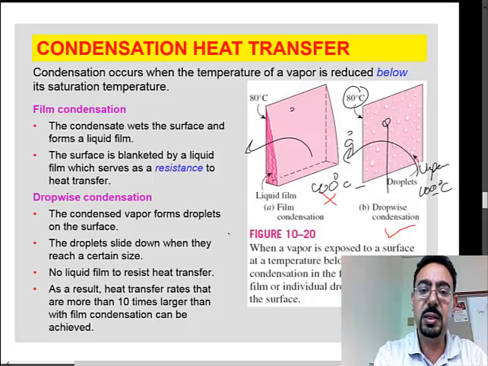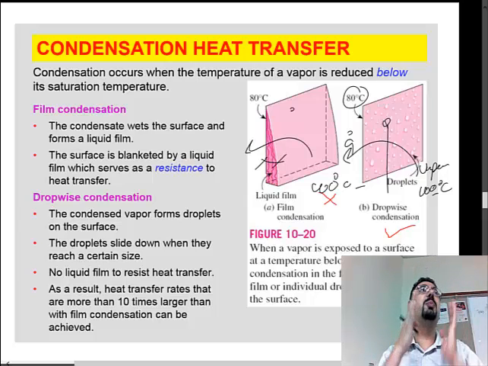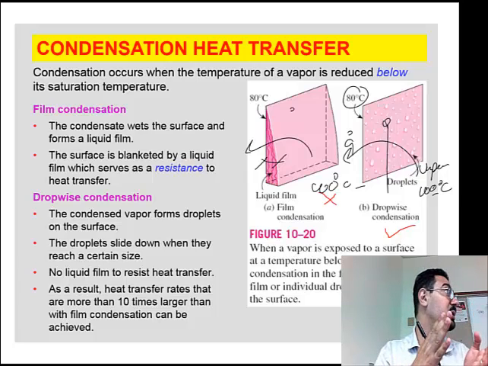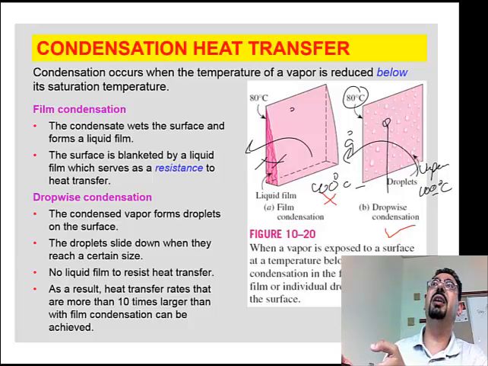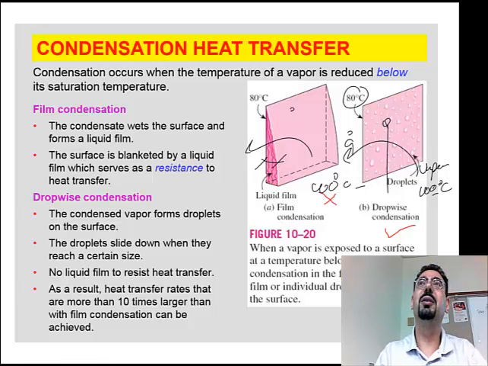And the film is a problem because it's a resistance. You are separating with that film, that forms, a resistance. Now that 100-degree vapor finds itself next to not 80-degree water anymore. It finds itself next to 85, 90 degrees, a hot film of liquid, hotter than the colder wall.